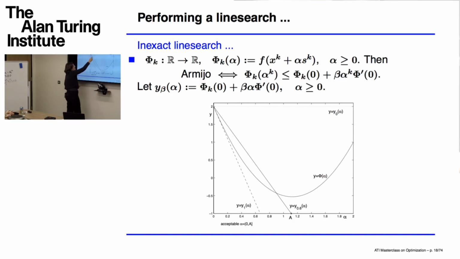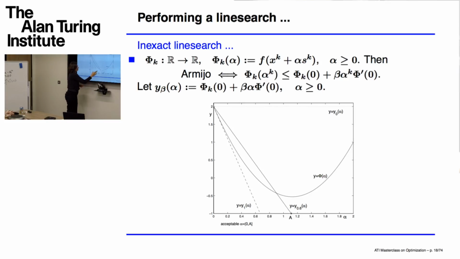And then this right-hand side of the Armijo condition is nothing but a line that is between the tangent to my function at xk, and some line parallel to my alpha x-axis. So this line will always be guaranteed to intersect the graph of my function f.